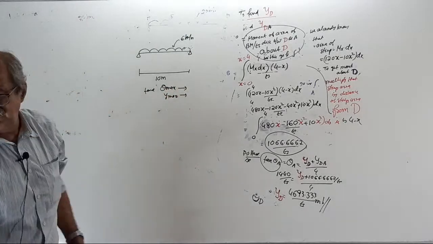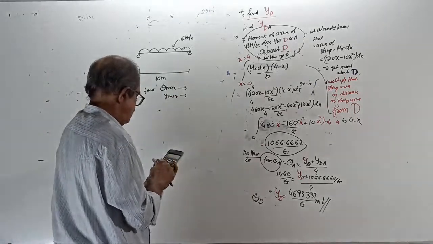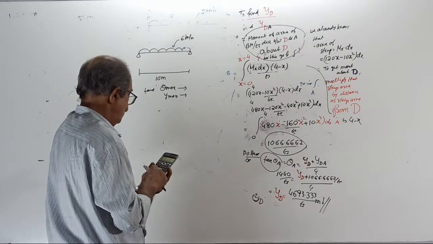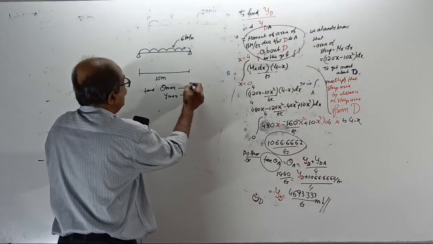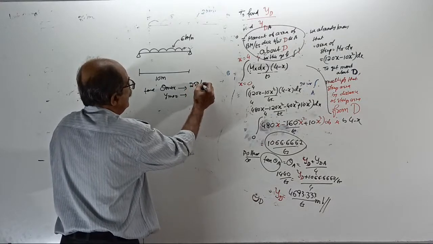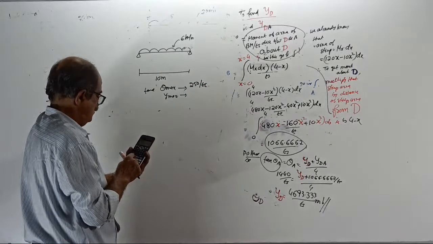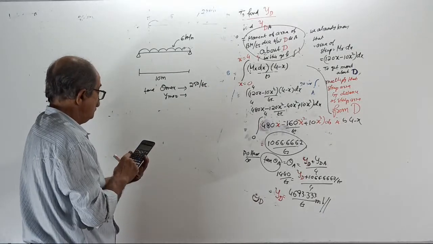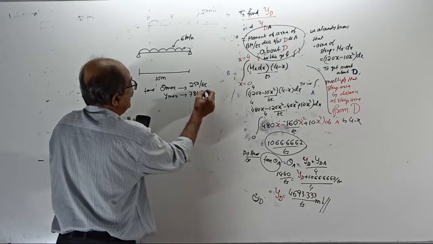Theta max will come. Anybody will give the answer now. 250 by EI. Y max will come 781.25 by EI. Okay.